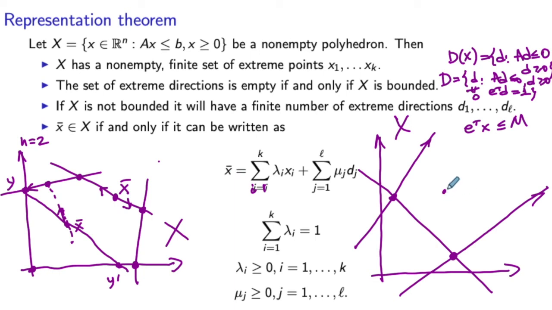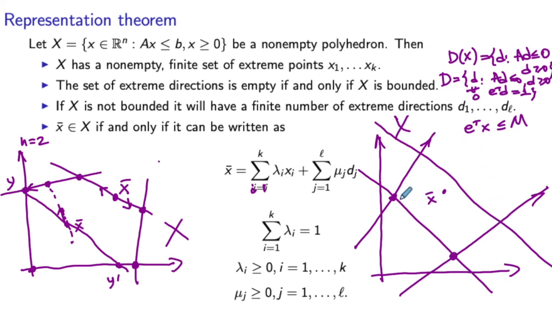So let's say if your point x bar is somewhere here, then the way we are going to select this big M here is in a way that E transposed x bar is less than M. Not only that, E transpose times xi is less than M for every extreme point. So essentially we want to build this hyperplane in a way that if I add the constraint, then all the extreme points of the feasible region that we had before will still be within our feasible region.